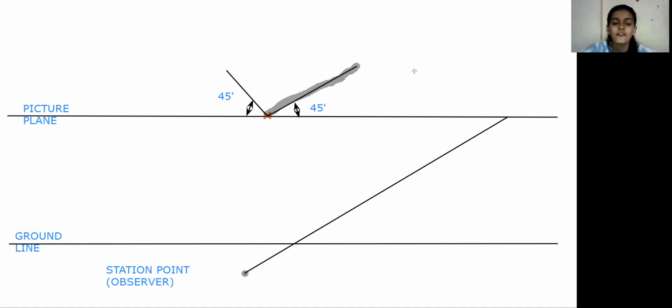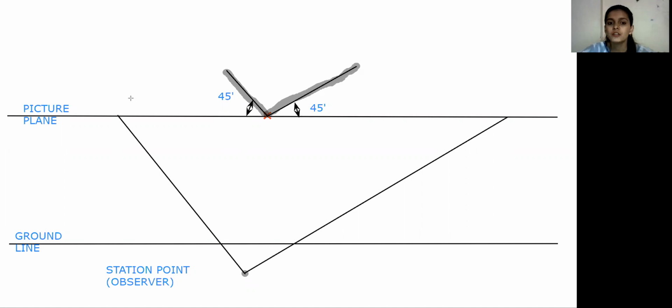Then next, we have another line at 45 degree angle, this highlighted line. So again we need to draw a parallel line to other 45 degree angle line from our observer or station point. So both the parallel lines are drawn now.